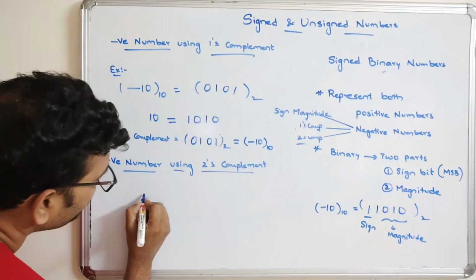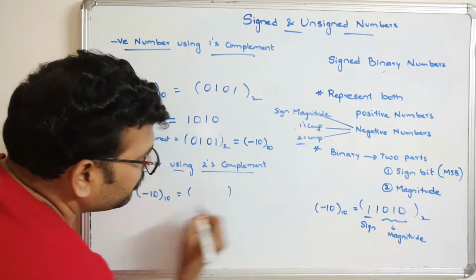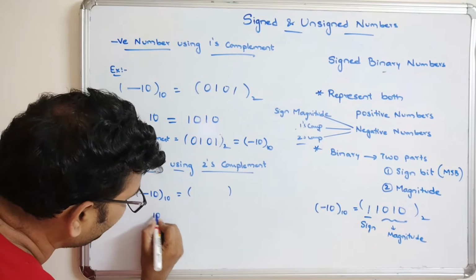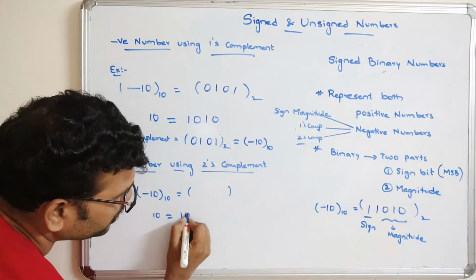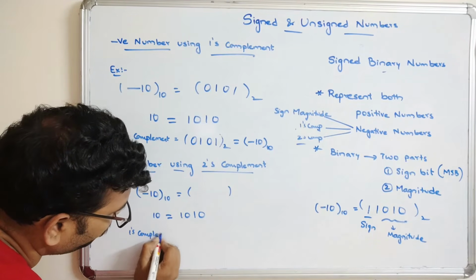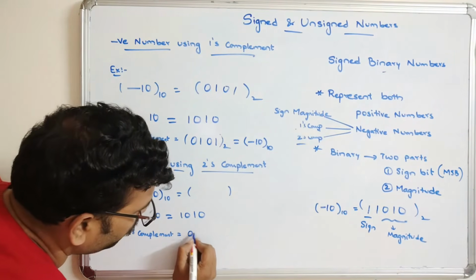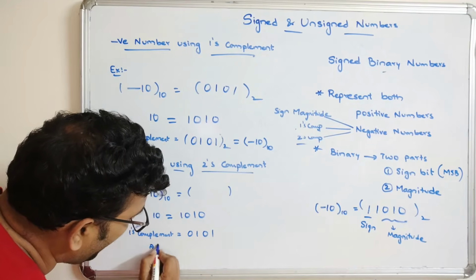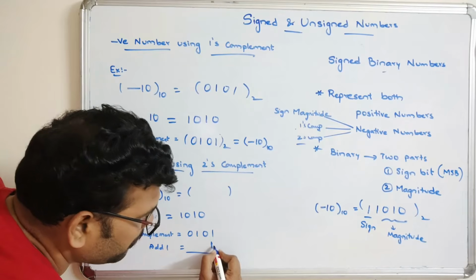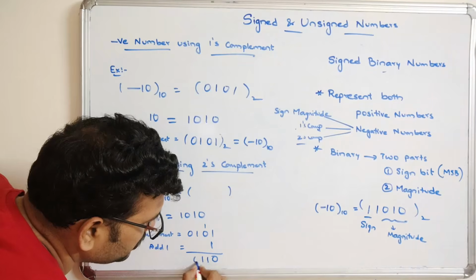So let us take this same example, minus 10. If you want to represent the negative value as a binary number by using the 2's complement, consider the positive 10, so 1 0 1 0. Take the 1's complement. 1's complement is flipping the bits, so 0 1 0 1, and add 1, binary addition. 1 plus 1 is 0 with a carry of 1, so we get 0 1 1 0.